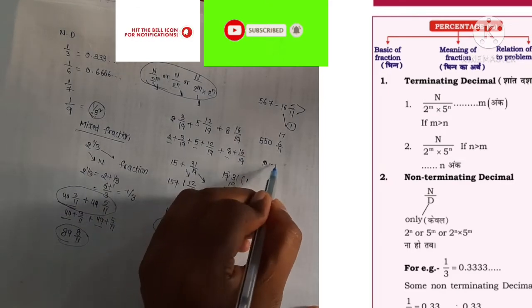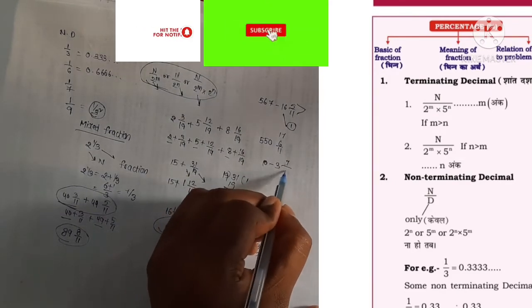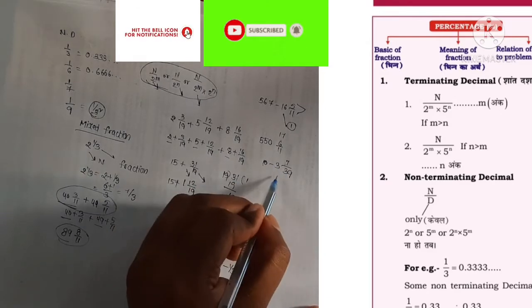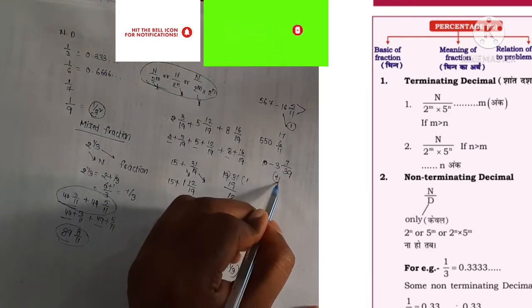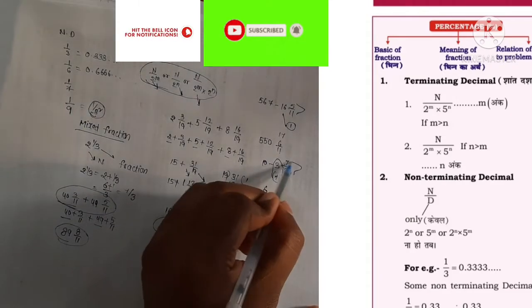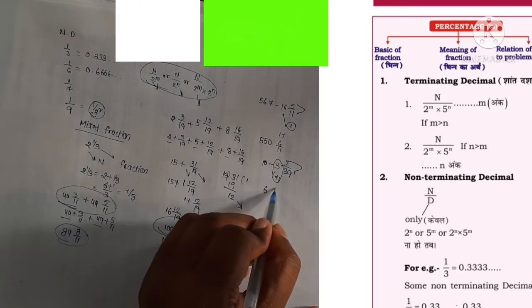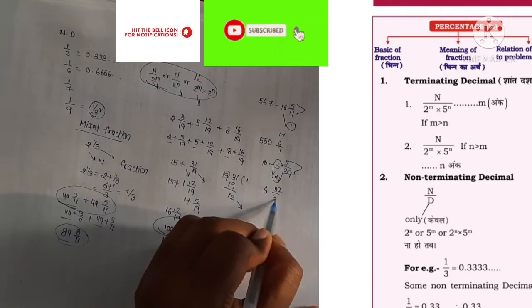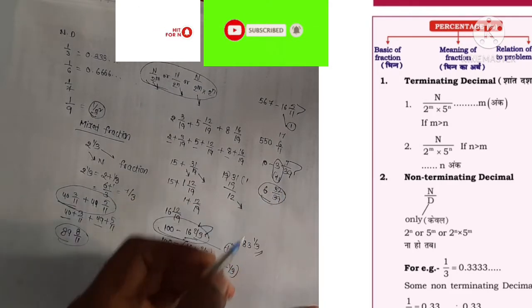So 10 minus 3 7/39. So add plus 1 to 3, giving 4, and subtract 4 from 10, the value is 6. The difference is 39 minus 7, 32/39. Okay.